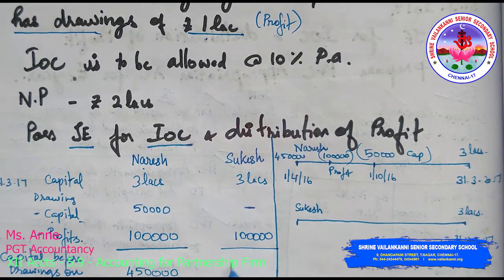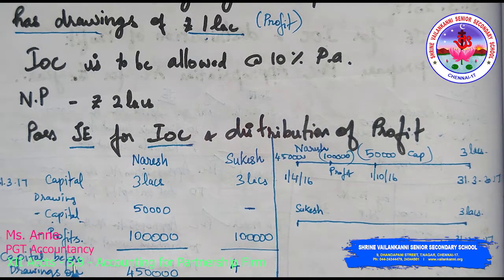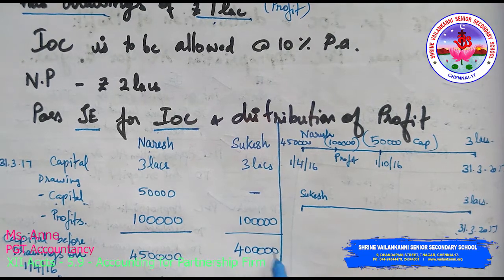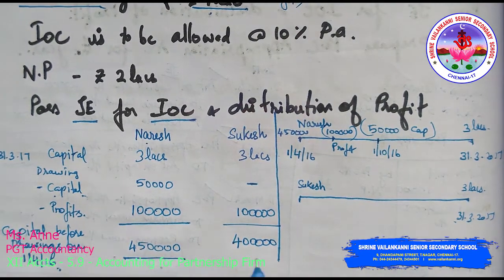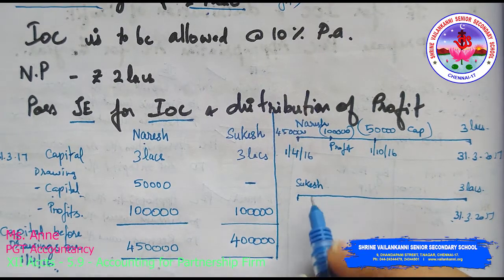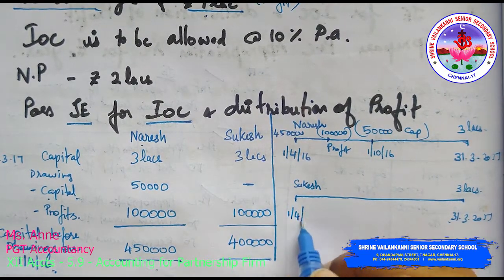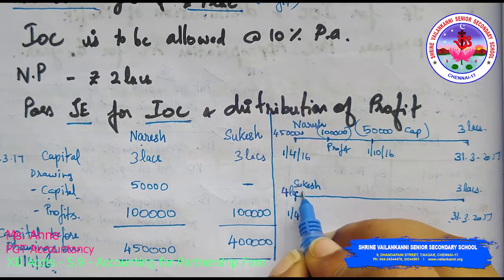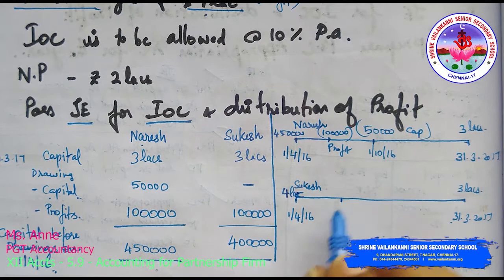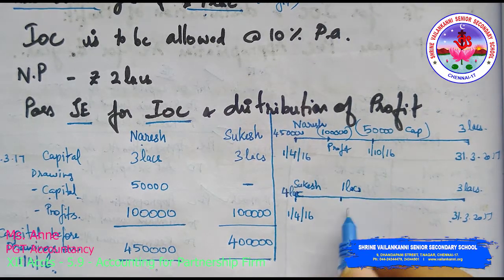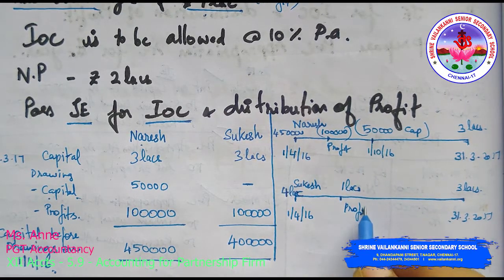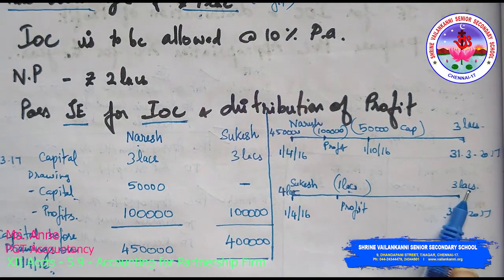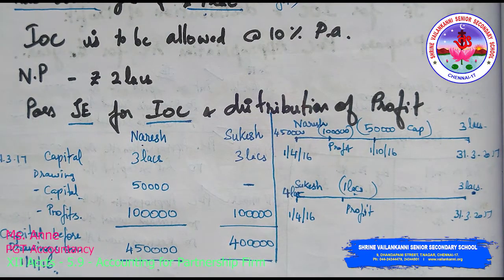So capital before drawings on 1/4/2016 is how much? 4 lakhs. We have to find out the interest on capital. On 1/4/2016 he had 4 lakhs, and at some point of time he has withdrawn rupees 1 lakh. It is out of profit. After the withdrawal his capital has turned out to be 3 lakhs. So this is the analysis.